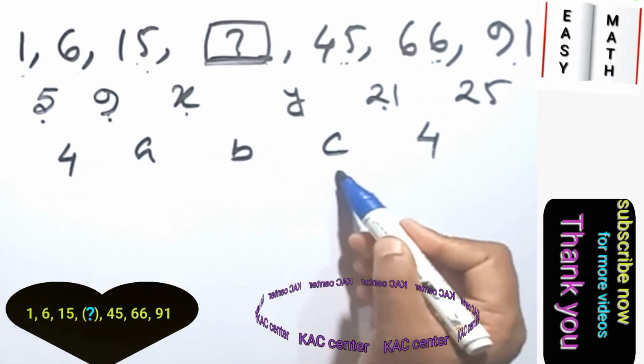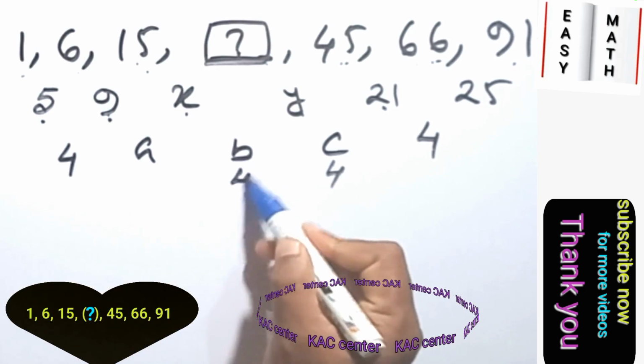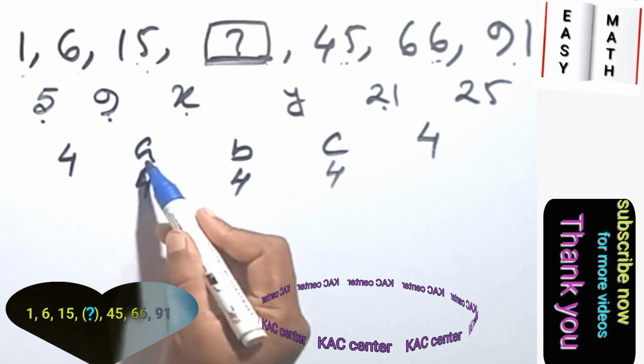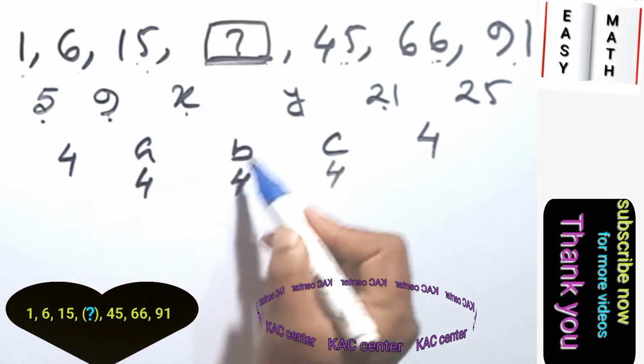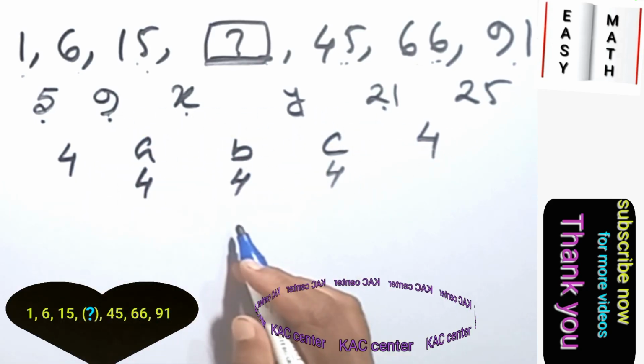So c is 4, b is 4, and a is 4. This difference is 4, this difference is 4, this difference is 4.